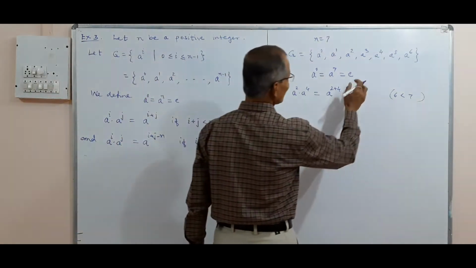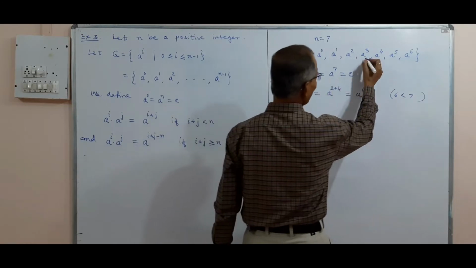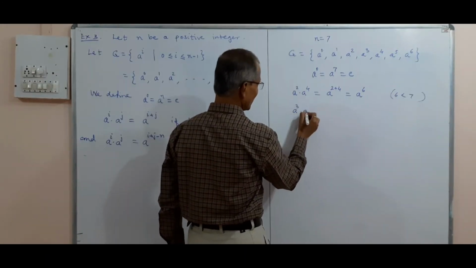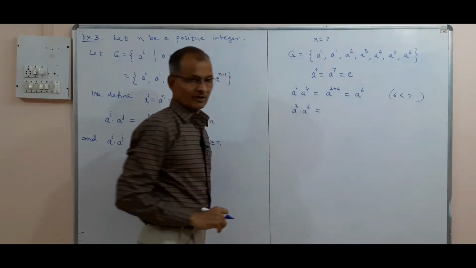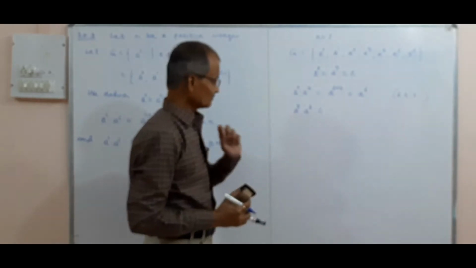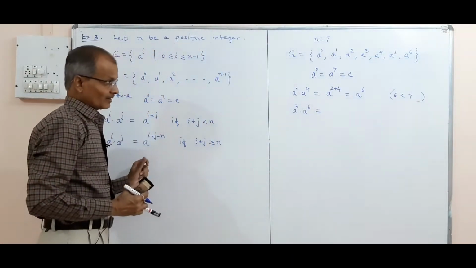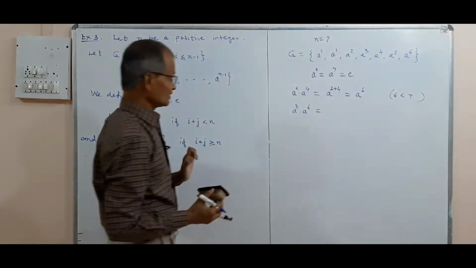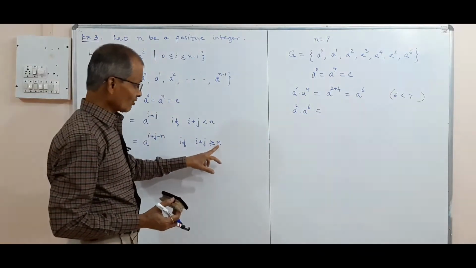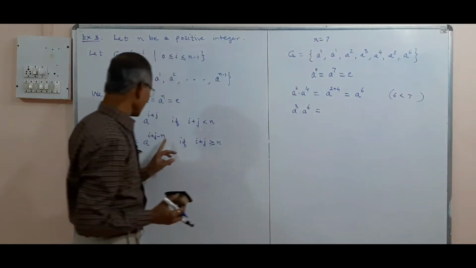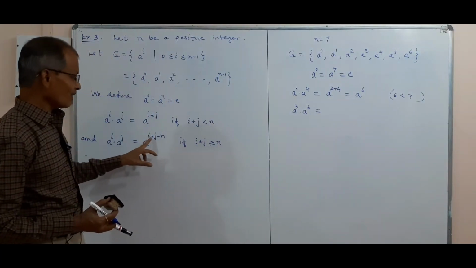But if I consider a cube and a raised to 6, two elements, a cube, a to the power 6. If you use the laws of indices, then it will be 3 plus 6, that is 9. But a to the power 9, means 9 is greater than this 7, greater than or equal to n. So therefore we have to subtract n from i plus j.